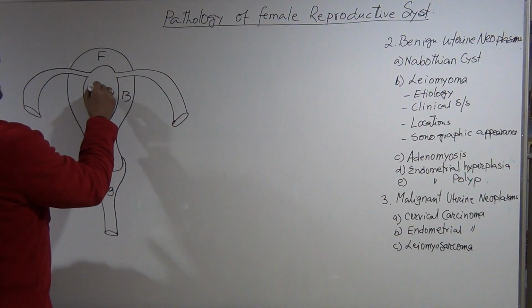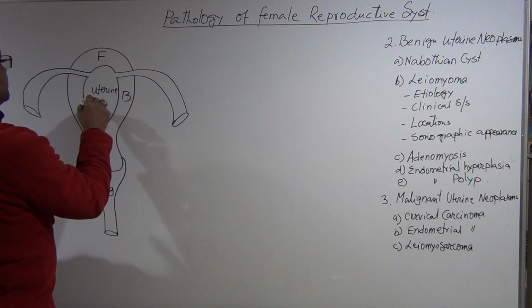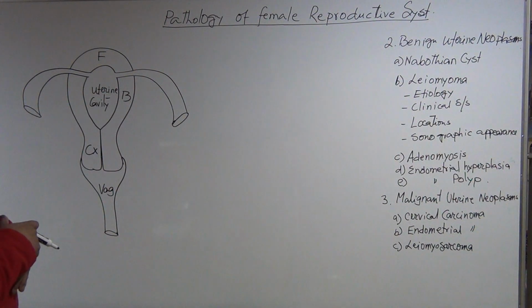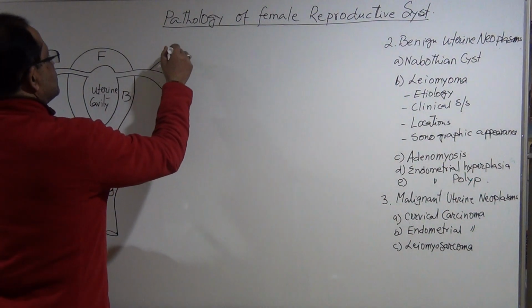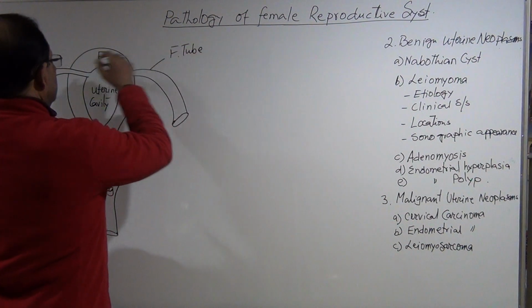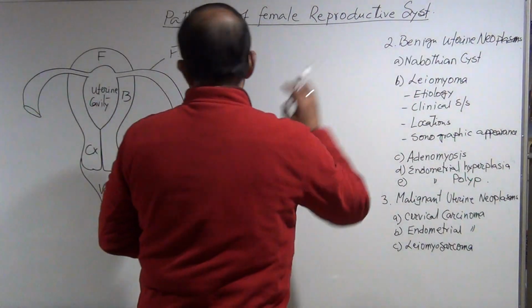So this is uterine cavity. Okay, so these are the fallopian tubes. There are two.